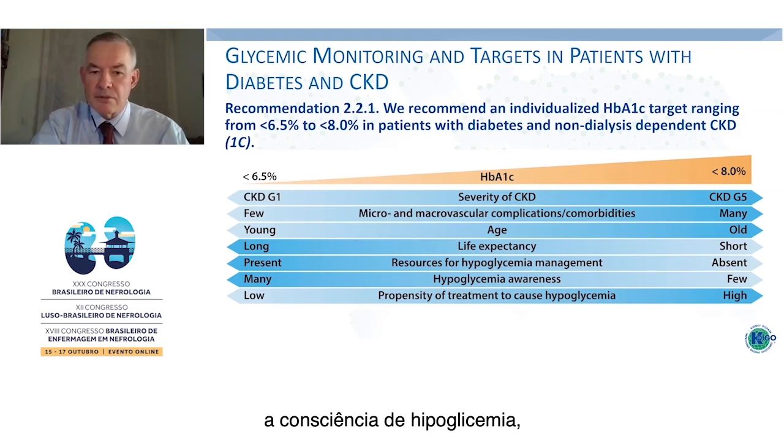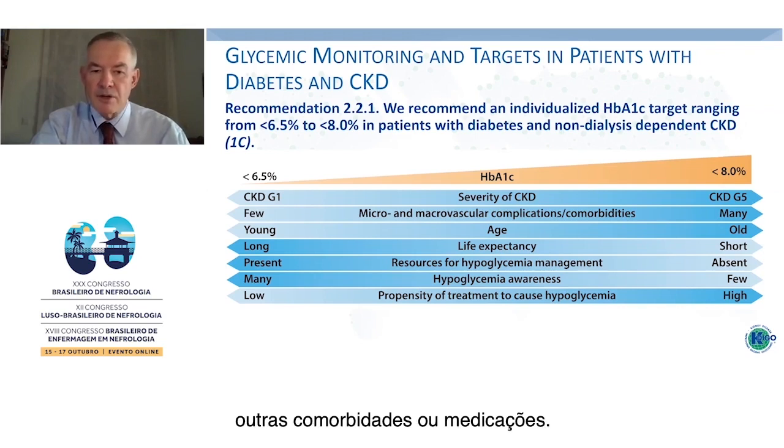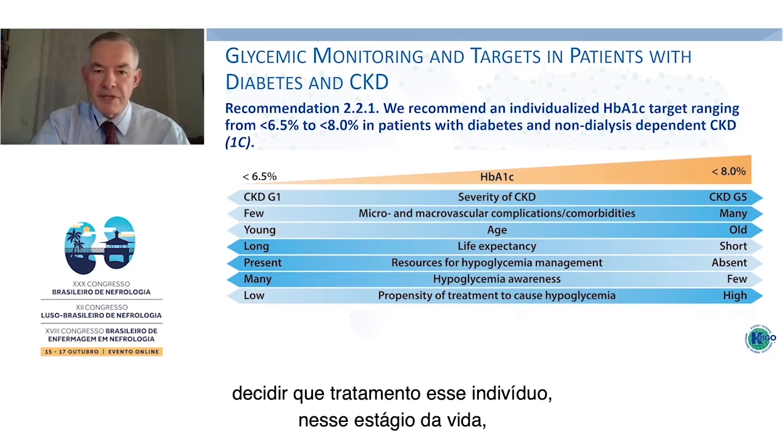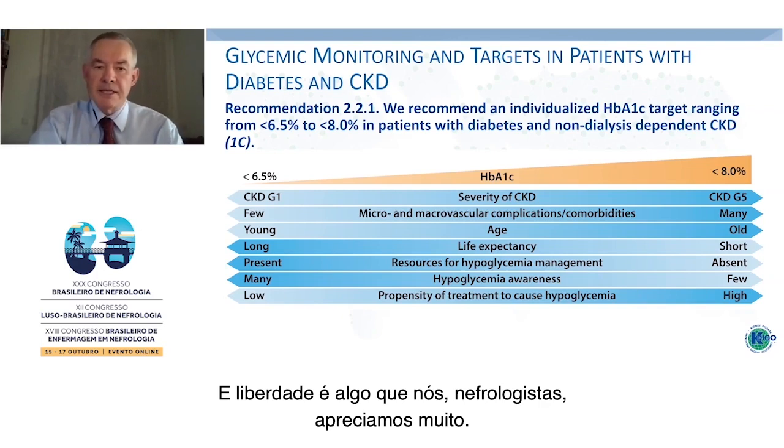Hypoglycemia awareness, so avoid hypoglycemia, and the propensity of treatment to cause hypoglycemia, so other comorbid diseases or other medications. So you can, by sitting in front of your patient with a guideline of 1C, with some flexibility, decide what treatment this individual at this stage in his life requires and what the goals of this individual are. And I think this liberty is something we nephrologists appreciate a lot.